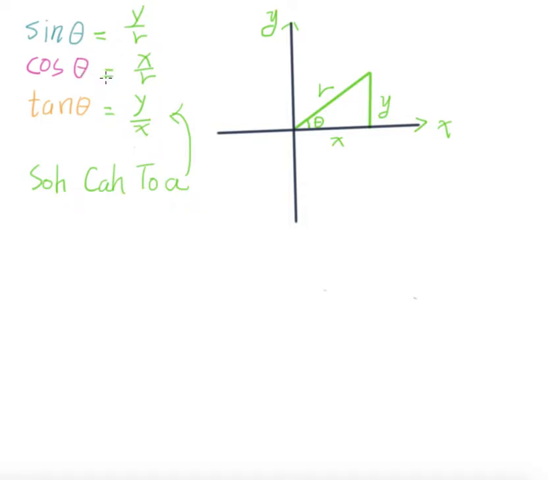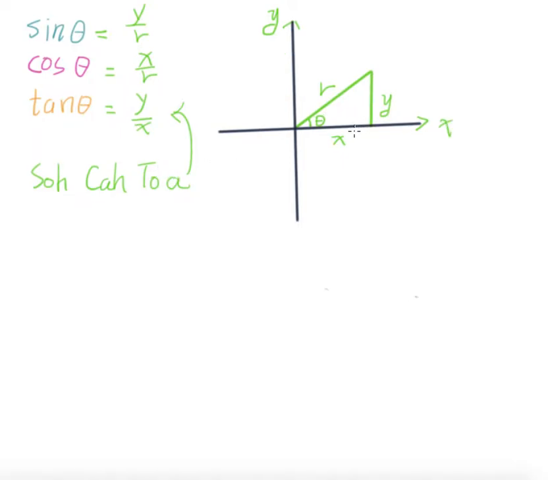And cosine is adjacent over hypotenuse, which is x over r, which is what we got here. And tangent is opposite over adjacent, which is y over x, and also what we got here. And so we got that part covered.